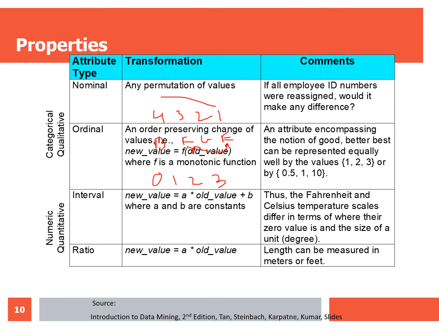So that we have to take care about. But otherwise, if the function is maintaining its order preserving property, any such function can be used to transform the ordinal attributes.